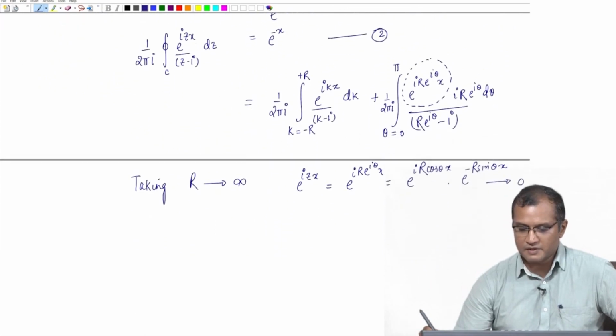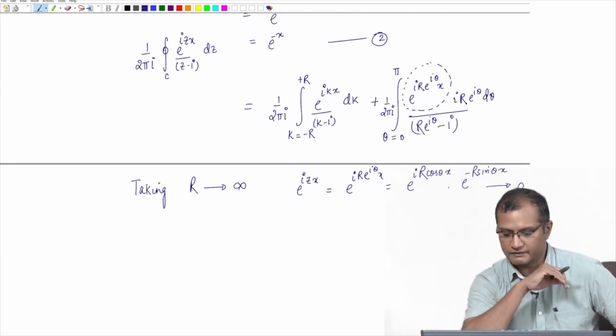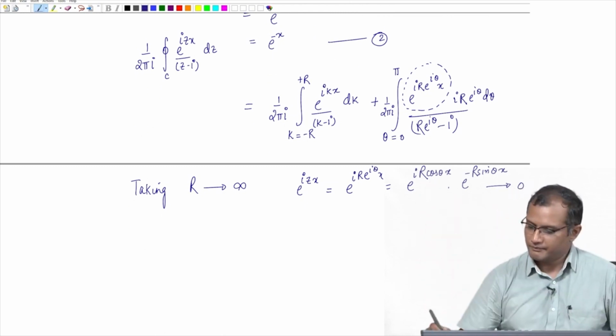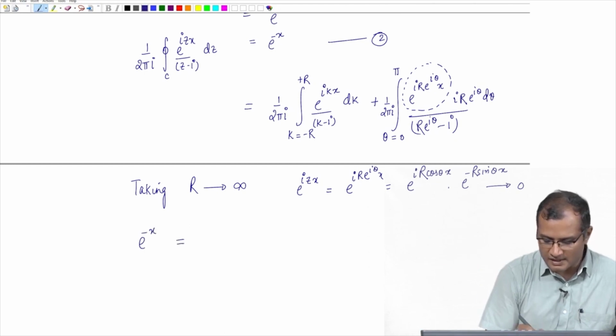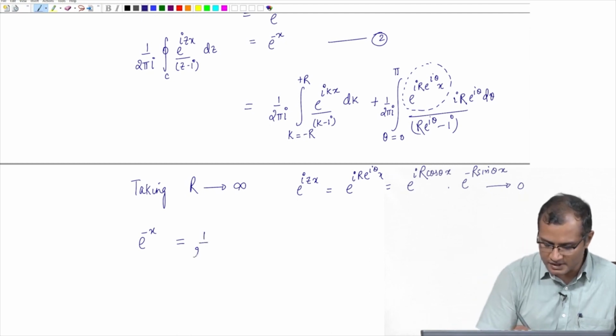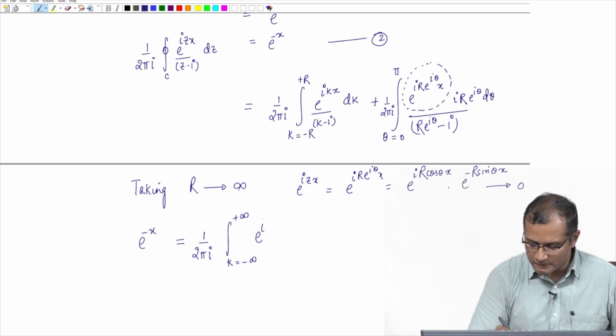So, this integral is well behaved, the residue still applies here, okay. The function remains analytic all the way to infinity. So, I can write down the residue, which is e raised to minus x, as nothing but my first integral, which is 1 upon 2 pi i integral k going from minus infinity to plus infinity, I have taken R to infinity, e to the power i k x dk over k minus i.